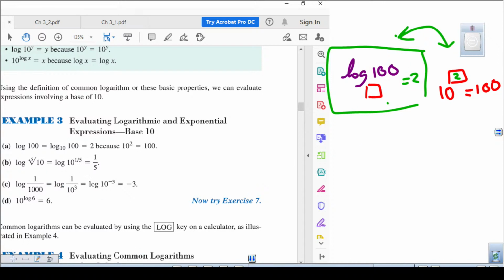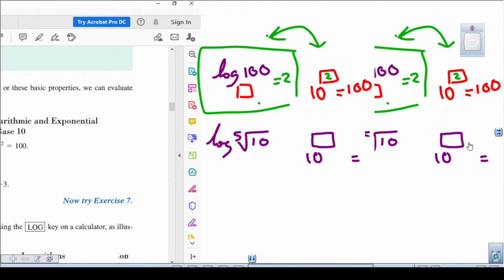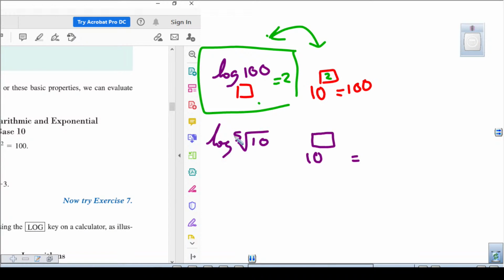It says I have a log of the fifth root of 10. Well, let me think about this a little bit here. I have a 10 as a base, raised to some power, that gives me the fifth root of 10. What is the fifth root in terms of exponents?